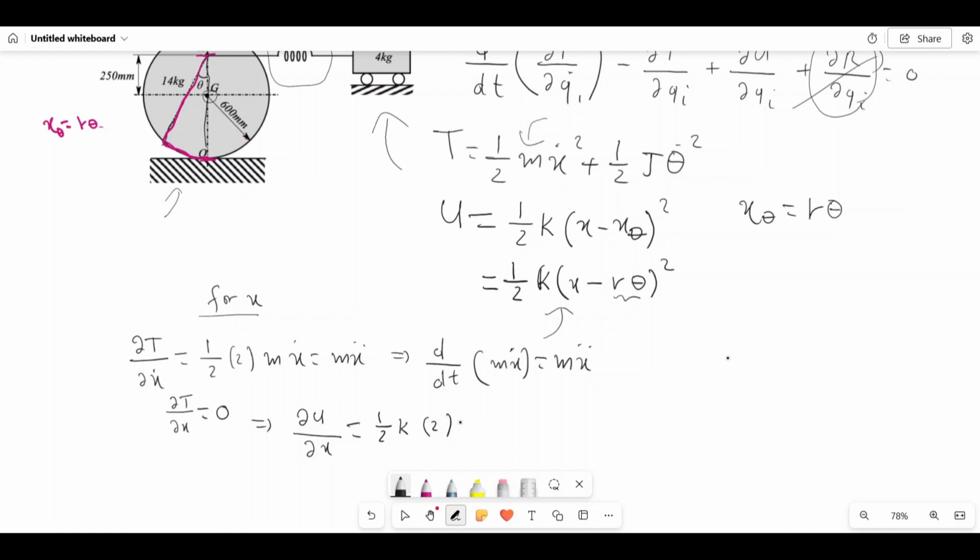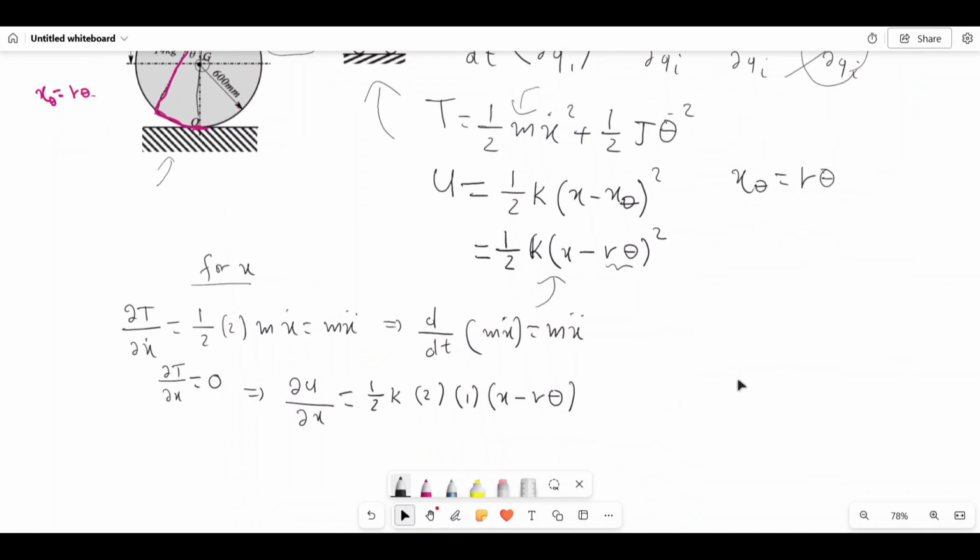So the answer of inside differentiation is simply 1. You write the function the way it is, x minus r theta to the power n minus 1, which is r theta. So what happens here, Mr. Kabelo? We will see that the 2 cancelled the half, so the answer that we have here will be k multiplied by x minus r theta, or kx minus kr theta.